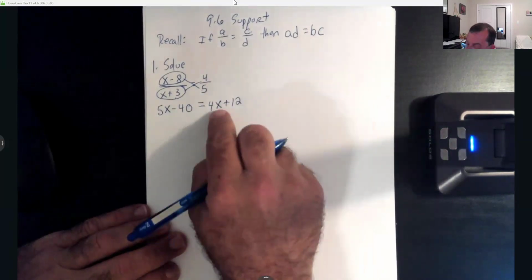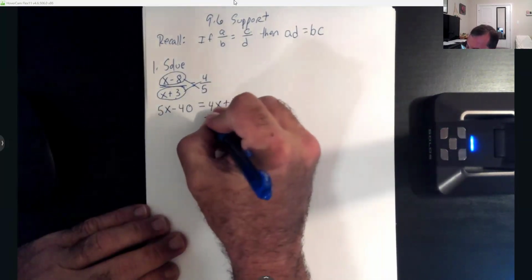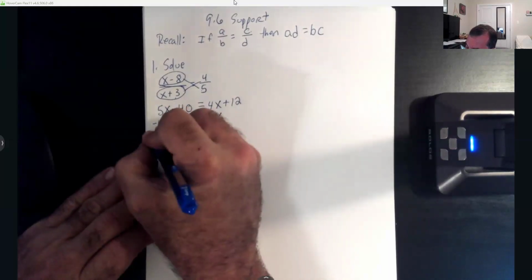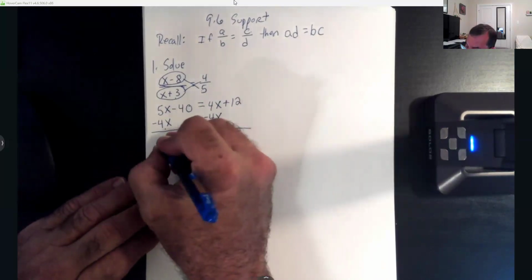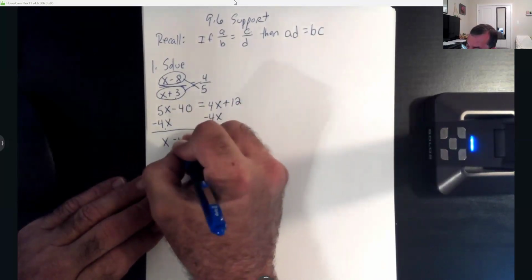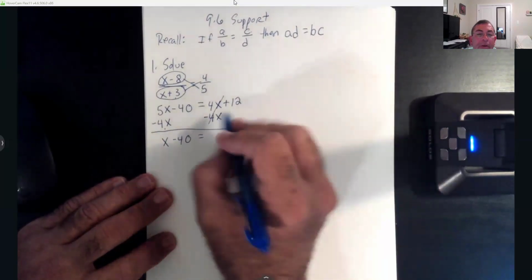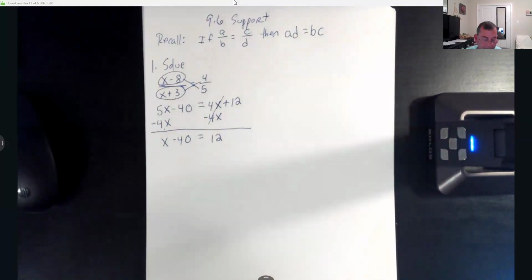So my first step, I would move the 4x over here by subtracting 4x. So 5x minus 4x will leave you an x minus your 40. Over here, those x's cancel. All that's left is a 12.